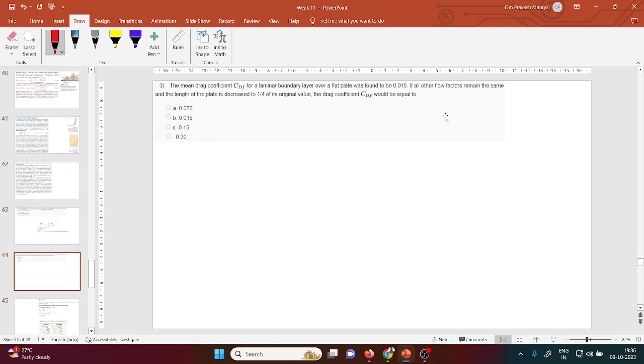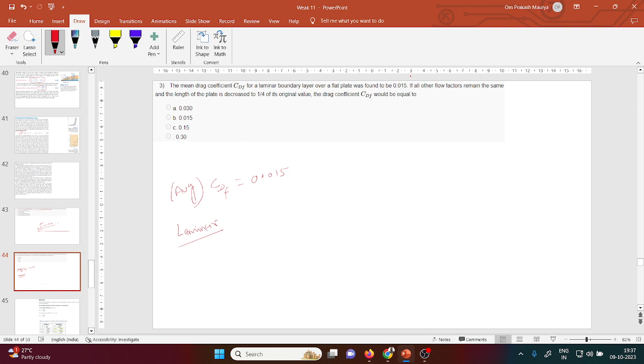Now question number 3. The mean drag coefficient CD, the average, for the laminar boundary layer over a flat plate is given as 0.015.